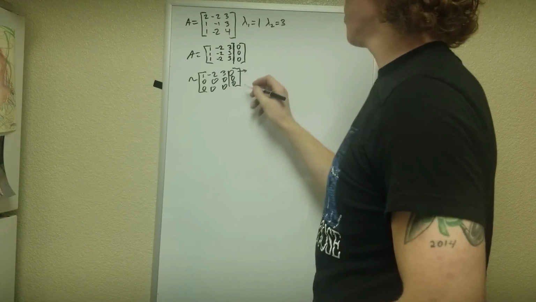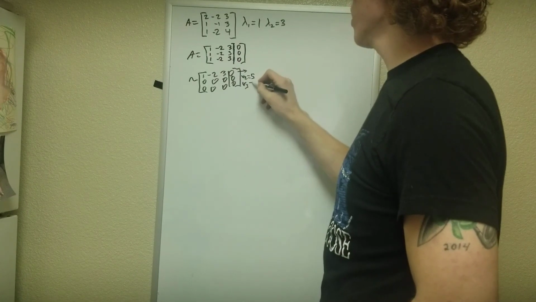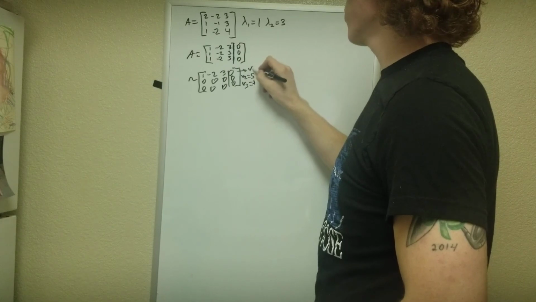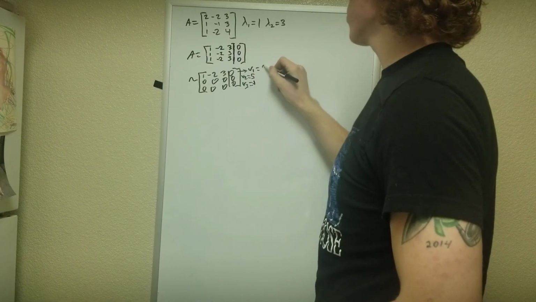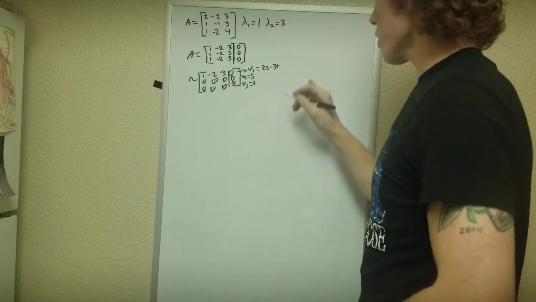So from this, I'm going to let V2 equal S and V3 equal T. So V1 would be equal to 2S minus 3T.